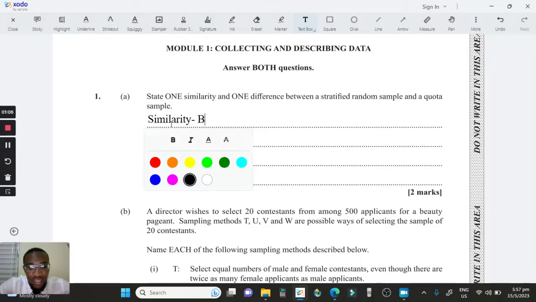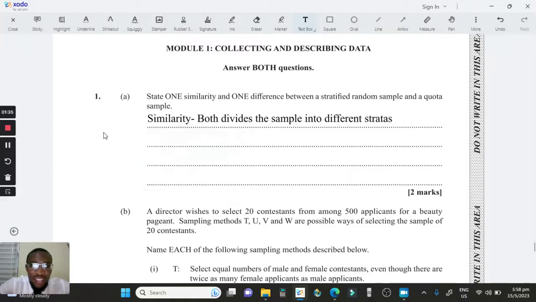The similarity is that both divide the sample into different strata, or different subdivisions. Strata are really subdivisions. A lot of times we break it up by age or by gender. Those are different strata.